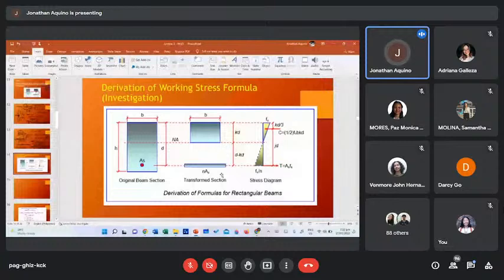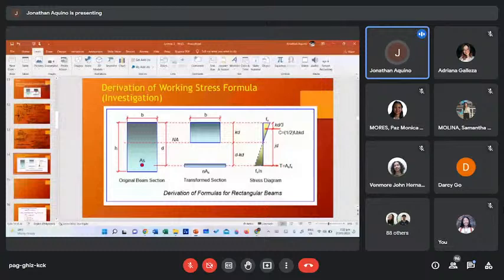Okay. So let's say for example, we have rectangular section with b and h and corresponding As. So in this derivation, we are going to derive the capacity of the section, meaning investigation siya.